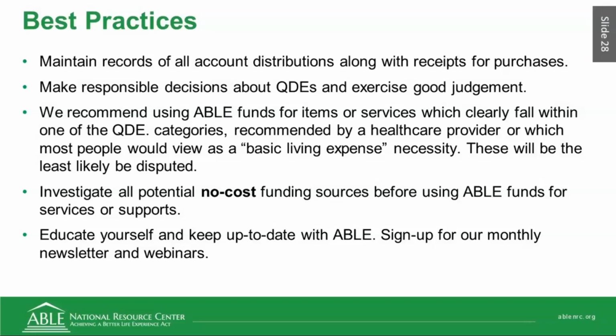Investigate all potential no-cost funding sources before using ABLE funds for any services or supports. Throughout this webinar, we provided you with a whole lot of resources to explore. We talked a lot about the Office of Vocational Rehabilitation. There are offices in each state in the country.